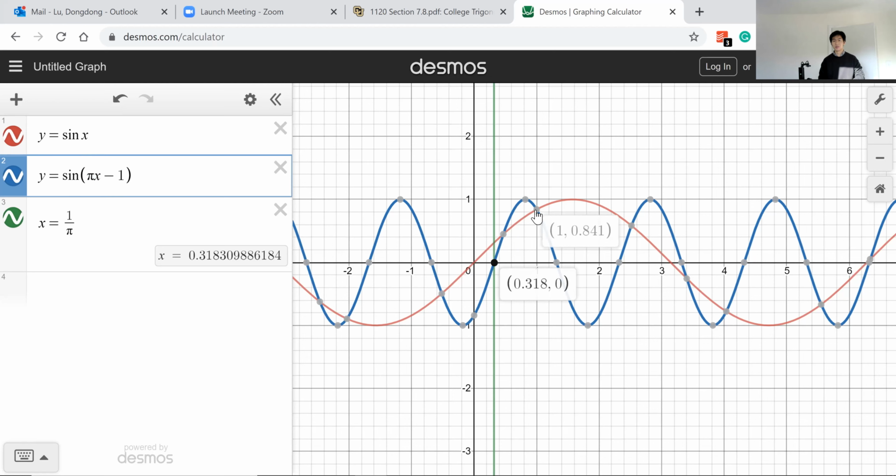Okay, you see it's moving faster. It's fluctuating faster than the original sine x. But we know since x equals 1 over pi here, this part equals 0 and the function starts this period.